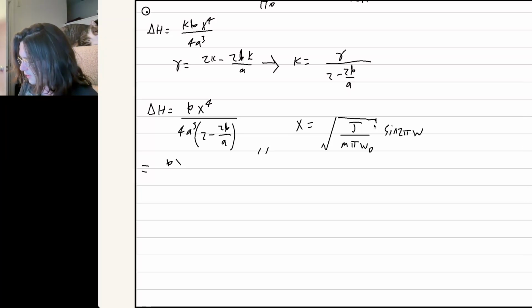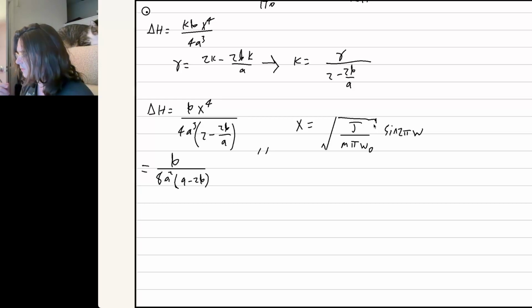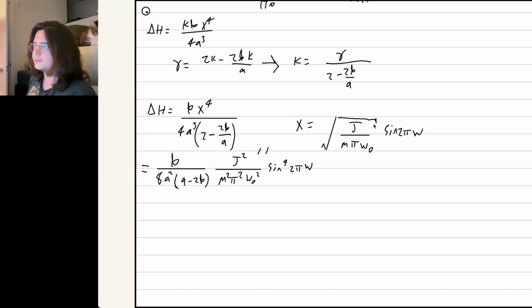We'll have b up top. We'll have 8a cubed. Let's factor in a through. 8a squared (a minus 2b) times J squared over m squared pi squared omega naught squared, sine fourth 2 pi w.